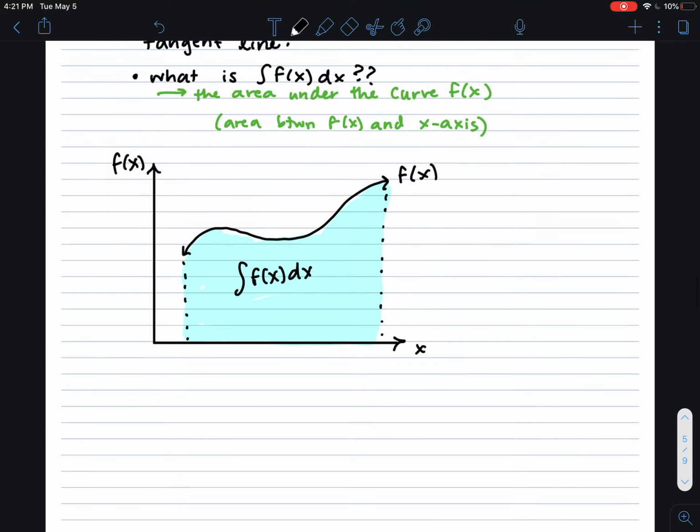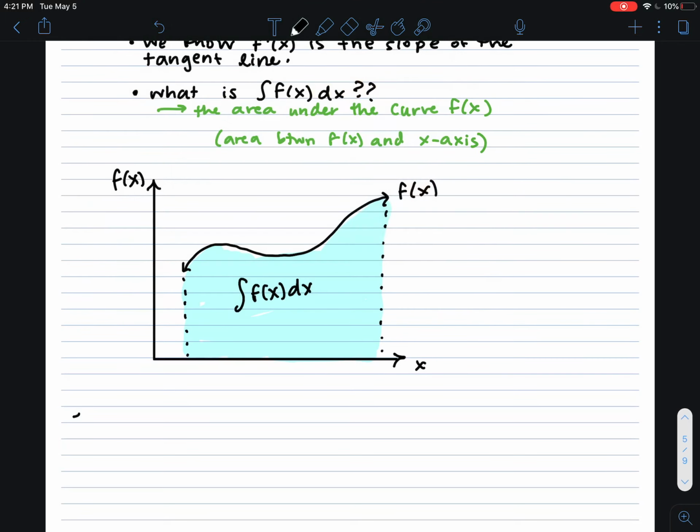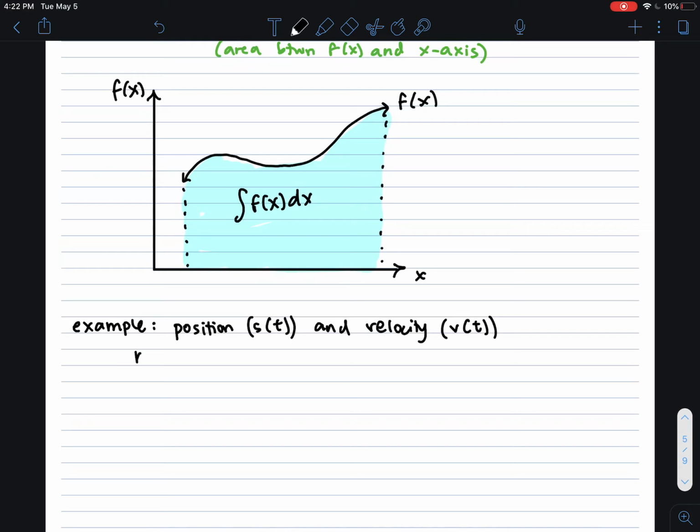Sorry, I'm trying to figure out the best way to introduce this. So if we consider position, which we normally write as s of t, and velocity, which we write as v of t, we know that the derivative of position is velocity.